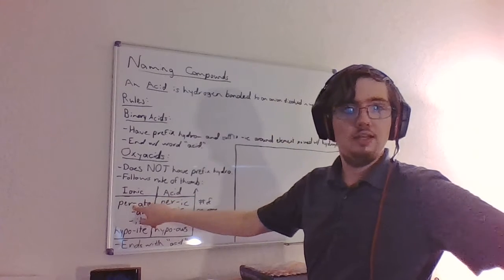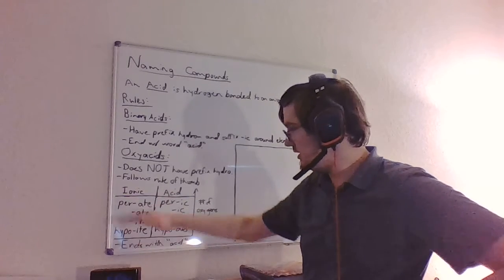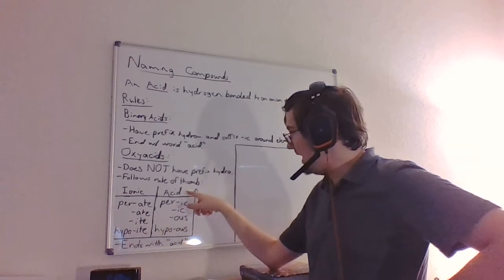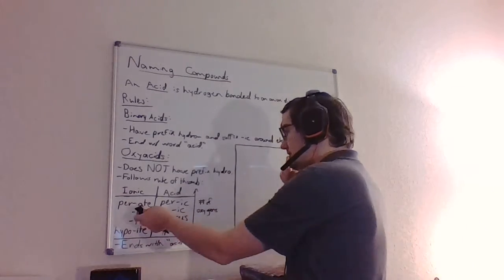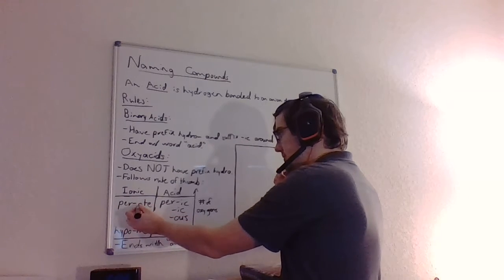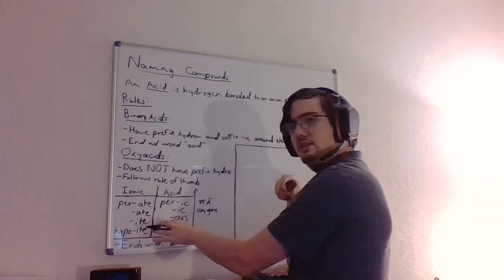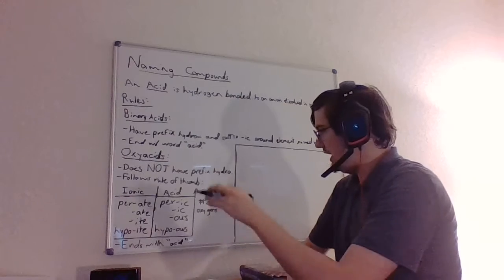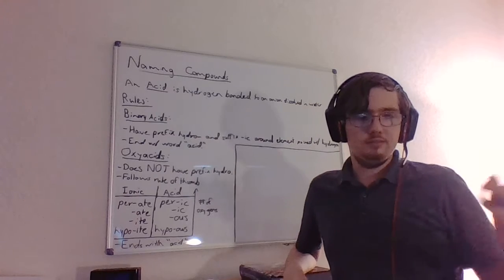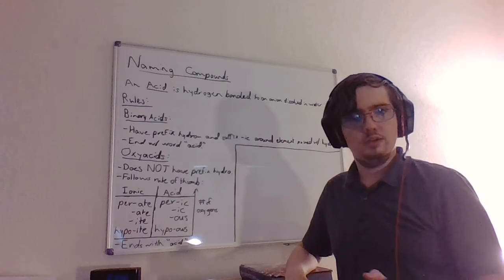Perchlorate is going to be the most oxygens, and hypochlorite is the least oxygens. That's how you'd name it for ionic compounds. Now how you'd name it for acids is you just say, okay, if it was an ionic compound, it'd be this, so because it's an acid, it's this. And you do that for all of these. Then, just like with the binary acids, it ends with the word acid. So those are the rules, and now we'll go through some examples to show you how to use those rules.